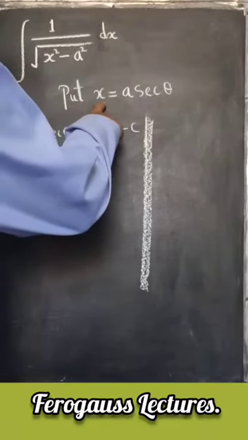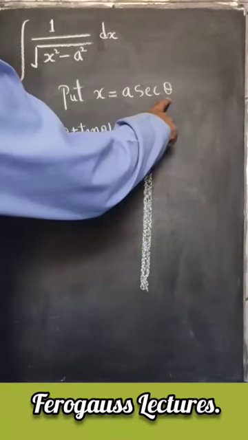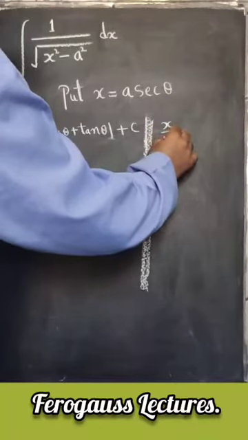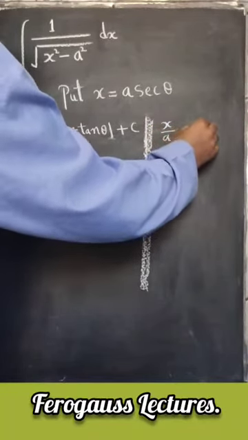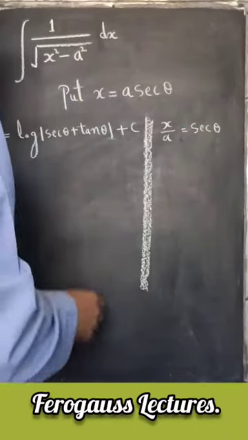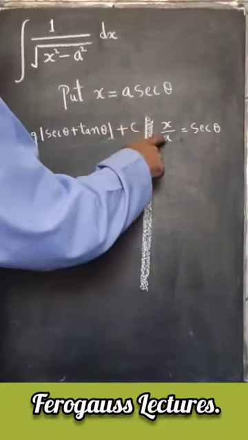Now we know that x is equal to a secant theta, so we can write x divided by a is equal to secant theta. Now instead of secant theta we can write x by a.